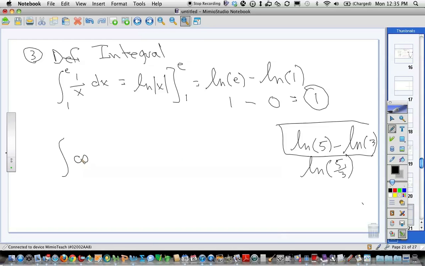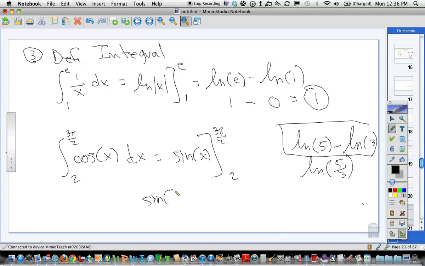Now, same thing with a cosine here. Let's say we had the antiderivative of cosine x dx from 2 to 3 pi halves.